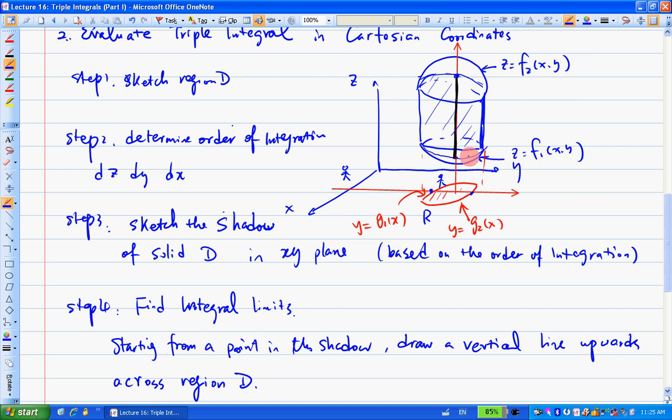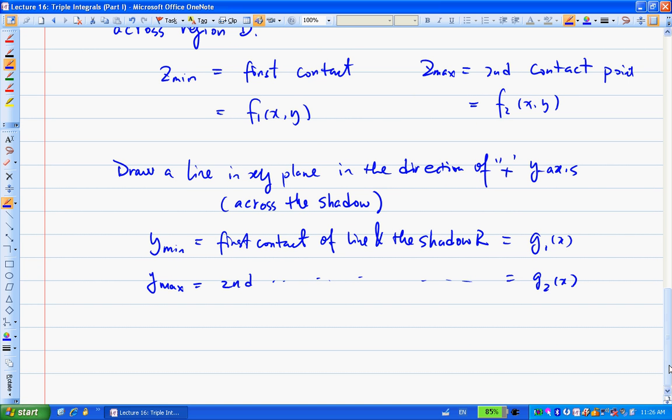Doing that is equivalent to sweeping this line across this region R, across the shadow R. You move this line across region R, and the cross section that you just created, from the second sweep, will also be sweeping through this region D. That's the last step to create the solid, and at the same time to find x mean and x max.